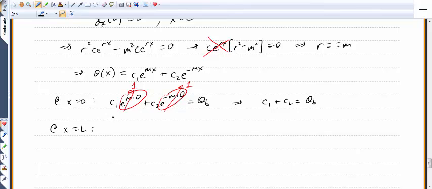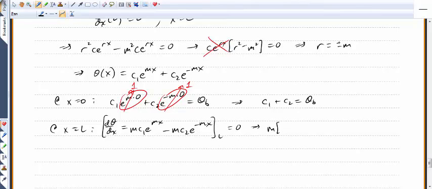At x equals L, we want to calculate d theta dx. So d theta dx is going to be m times c1 e to the mx minus m c2 e to the minus mx, all of this evaluated at L is equal to 0. So we'll do that evaluation.